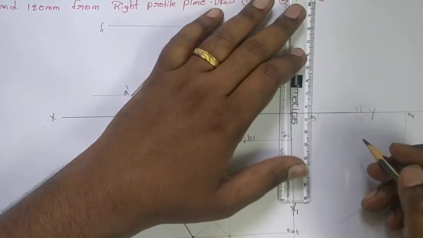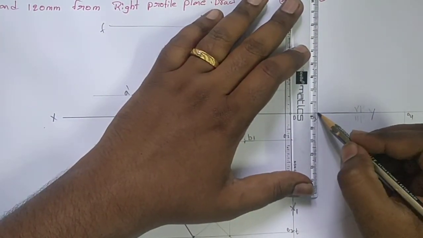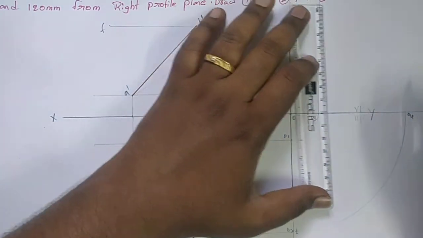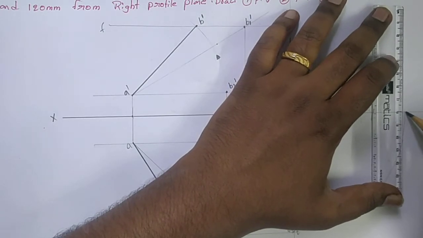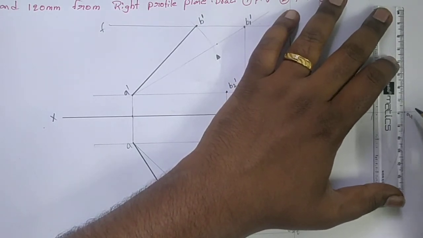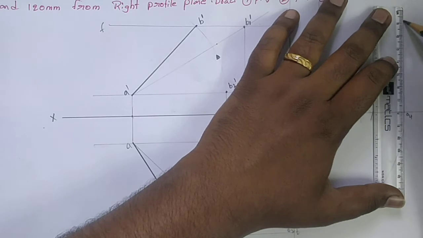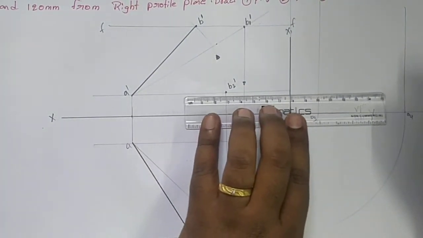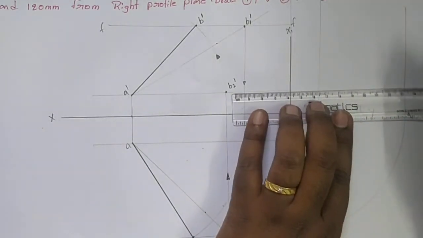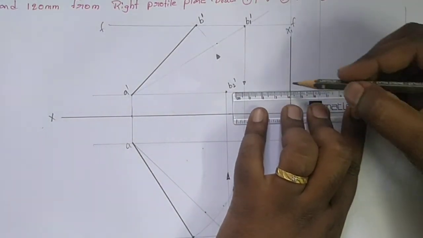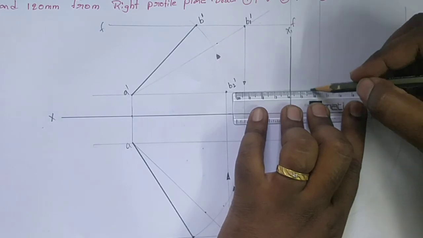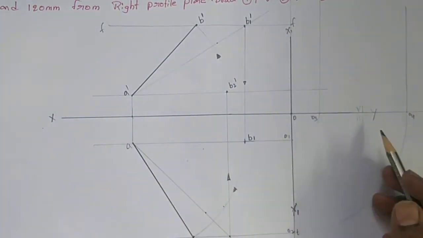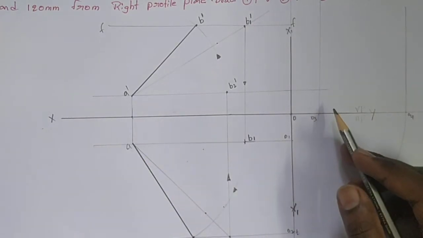Okay, draw vertical lines perpendicular to XY. From O4 also we need to draw one vertical line perpendicular to XY. Okay, next extend these lines up to this line. Here A dash and A intersect at this point.